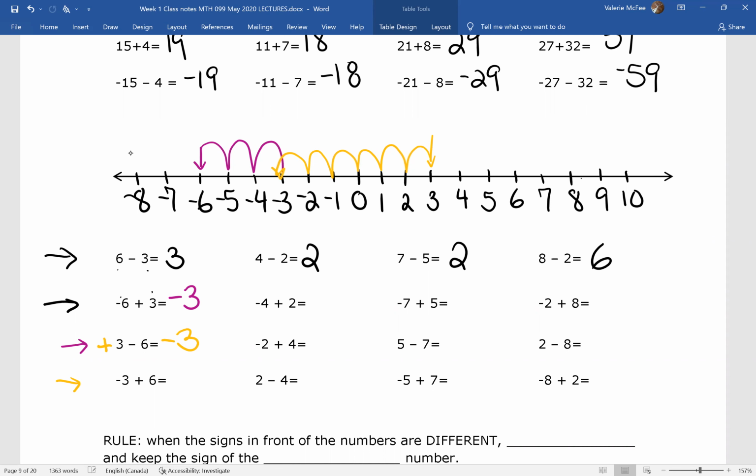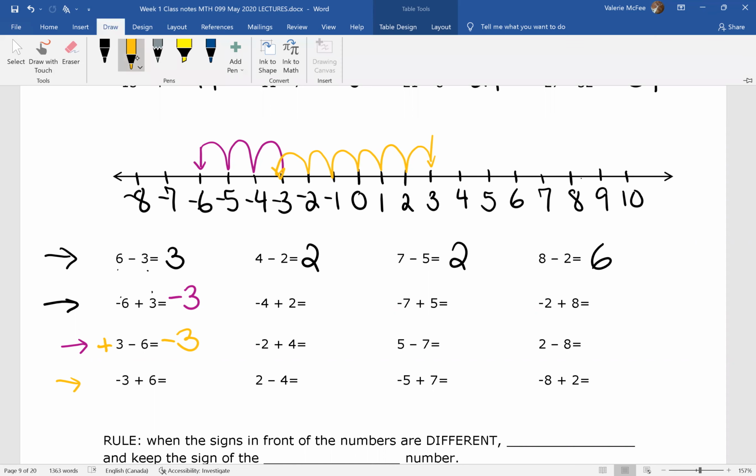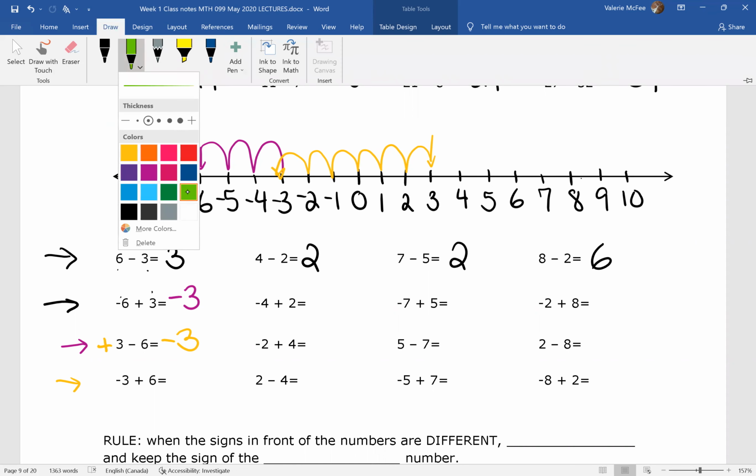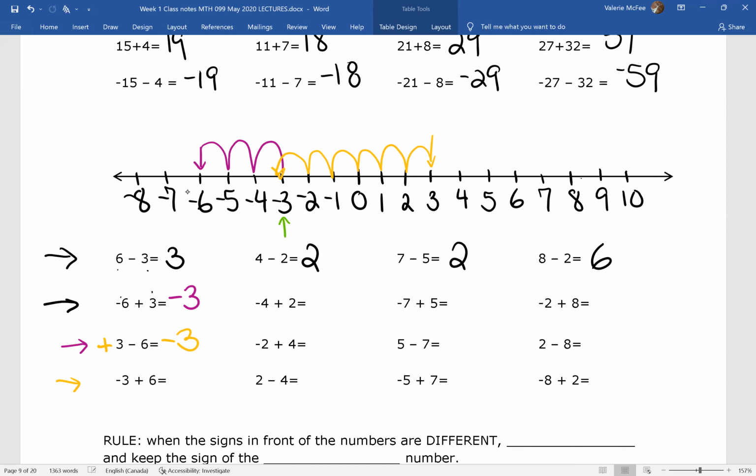In the final question, we're starting at -3 and adding 6. In every question, the answer was either positive or -3. How do we know whether it's going to be positive or negative? Well, first of all, I'm going to make sure every number has a sign written.